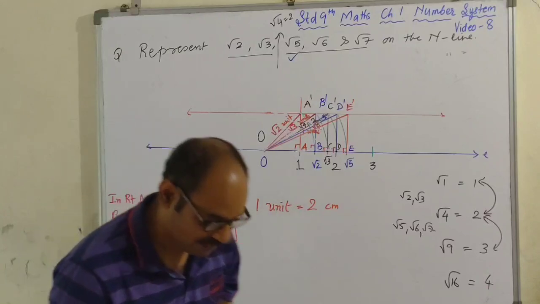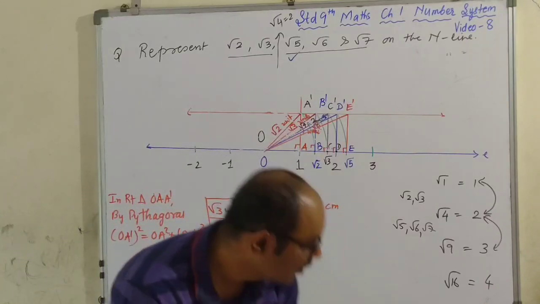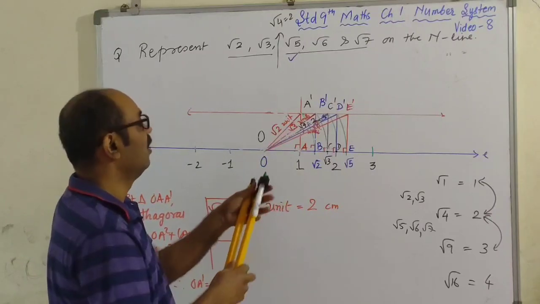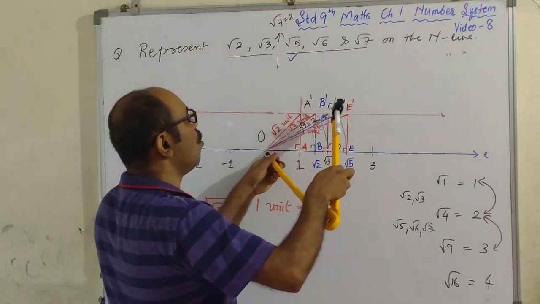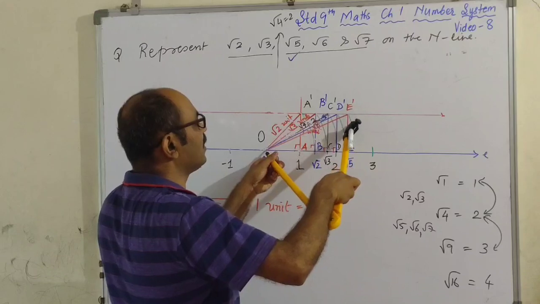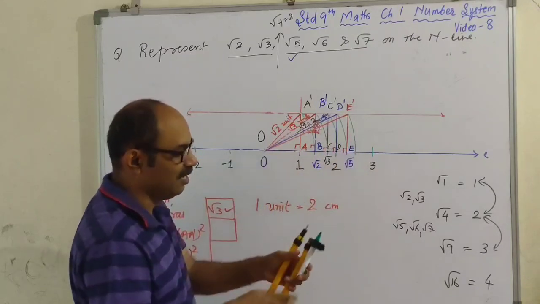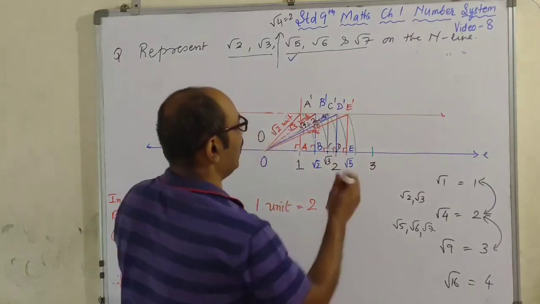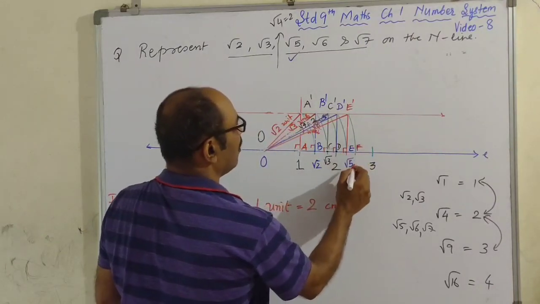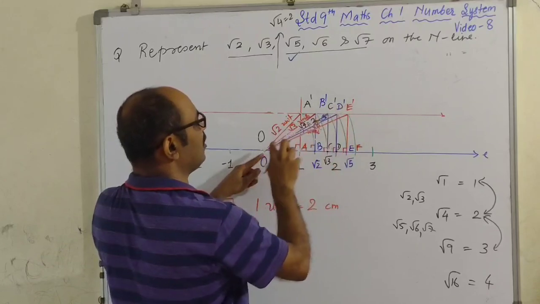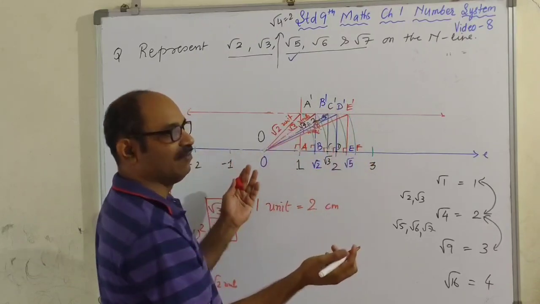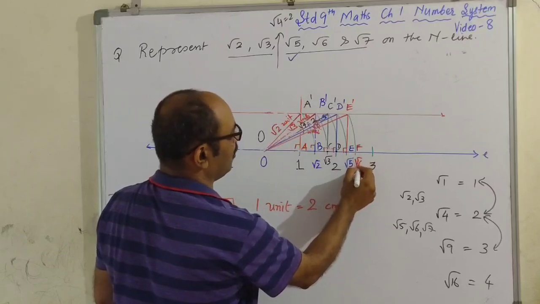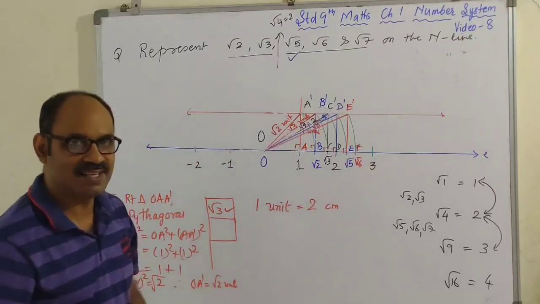Correct? Now projection of root 6 on line L. So take OE dash radius and draw the circle. You got the new point on line L. Call it F. Now OE dash and OF are radii of the same circle. OE dash is root 6, so this F is also going to be root 6.